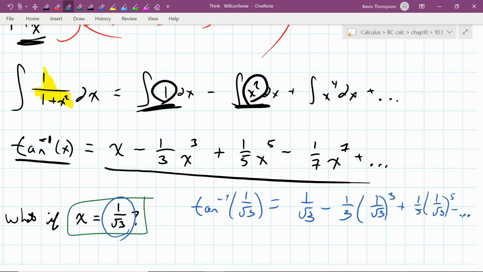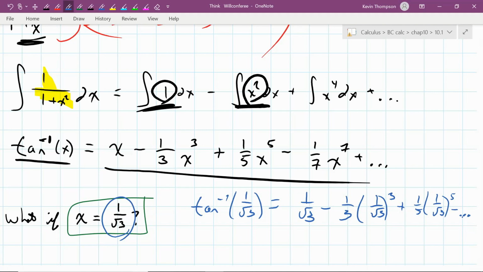I hear pi over 6 because somebody typed it in their calculator. Is it pi over 6? It's pi over 6 or it's pi over 3. I don't know. You've got resources. Figure it out. Don't wait on somebody else.